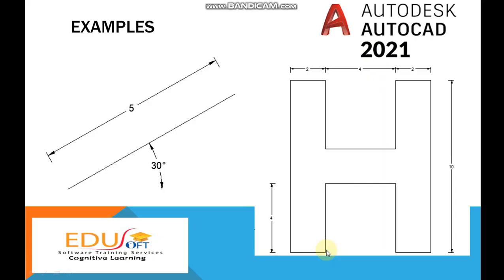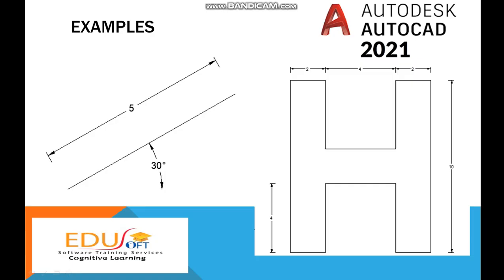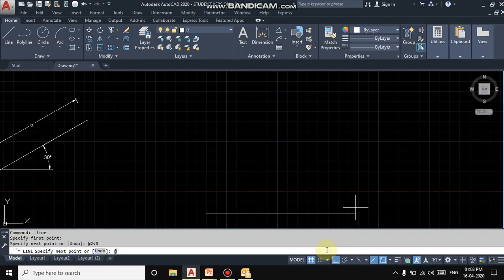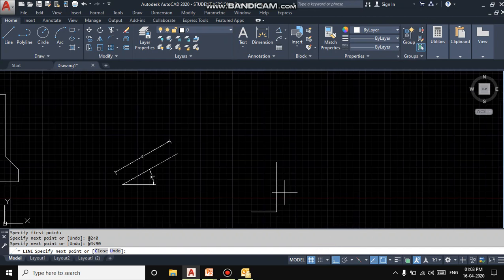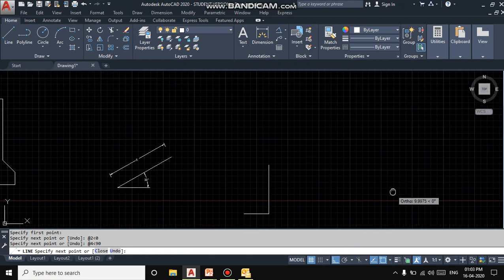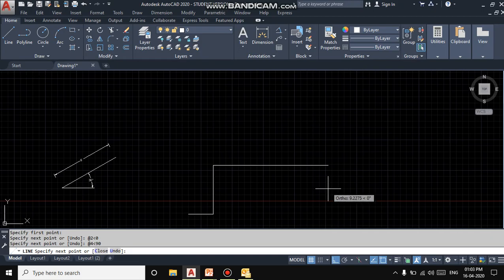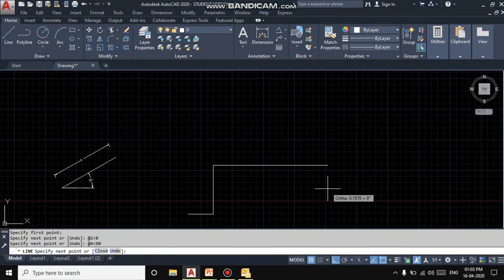Now the line is moving upwards, that is towards the y-axis direction, at a distance of 4 units. So I am giving @4 angle 90 degree. Okay, now the line is moving towards the x-axis again, 4 units distance.